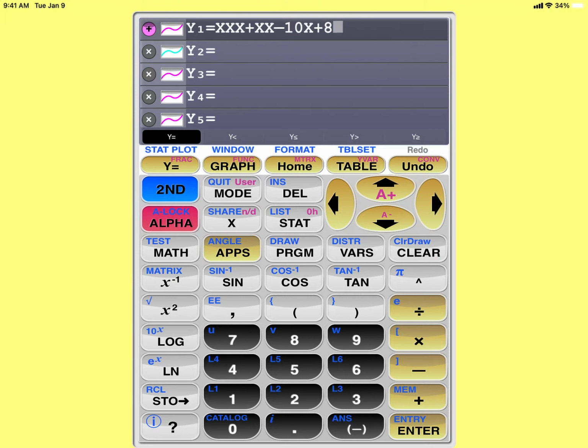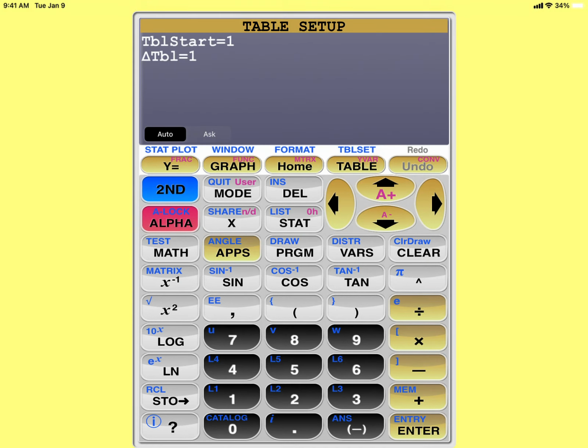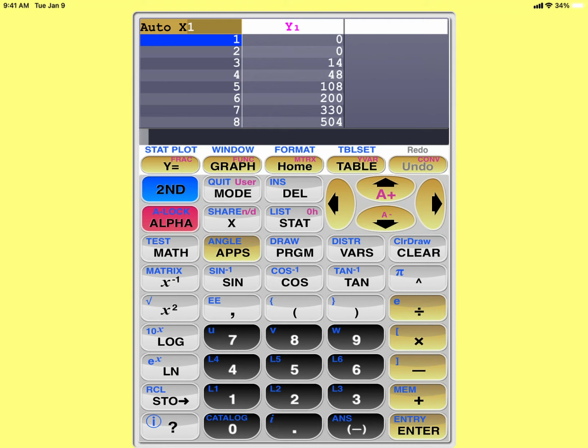Okay, and what I'm going to do is change my table set. So I'm going to press second table set. I want it to start at 1, and then we're going to have auto. So now I'm going to press table, and we just put in x equals negative 3.